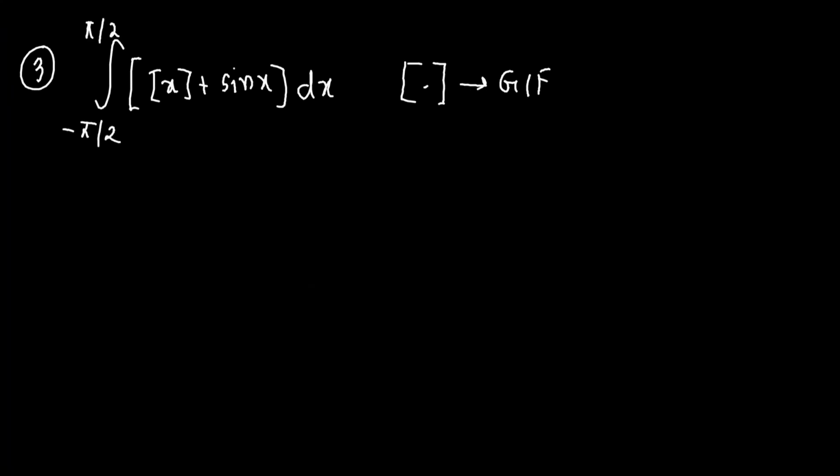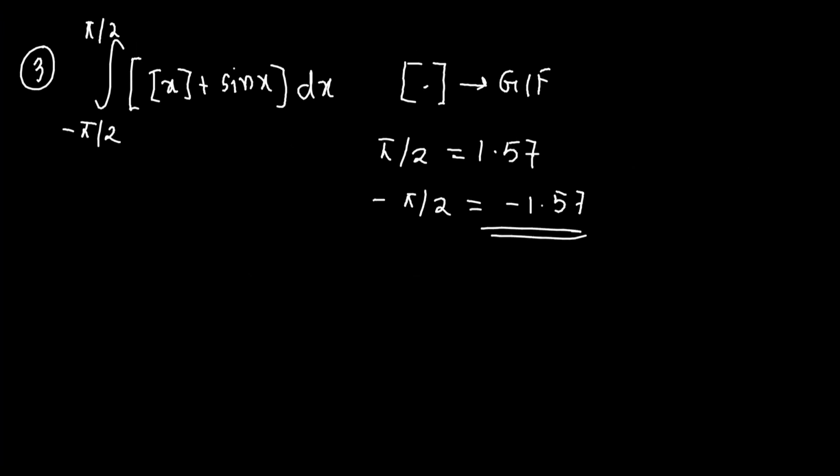Now here at first, we know that pi by 2 is approximately 1.57. So minus pi by 2 will be minus 1.57. So here we will split this integration into several intervals.